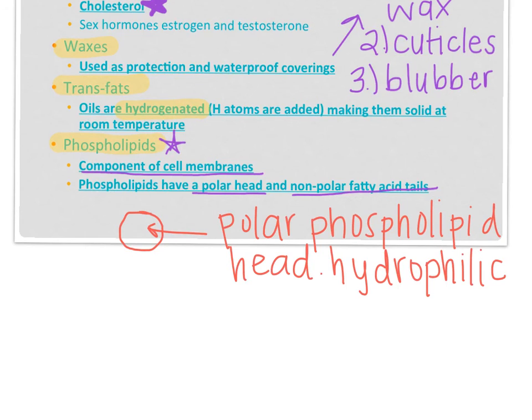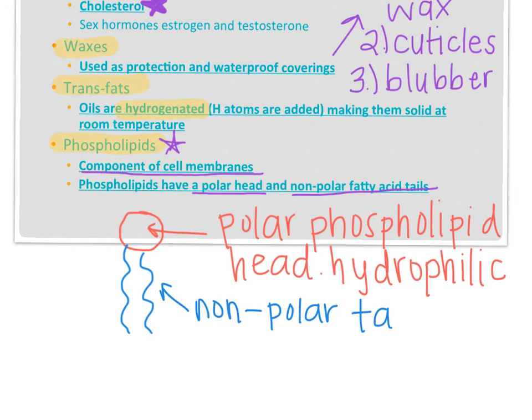The second part of our phospholipid is called the non-polar fatty acid tails. So we are going to want to label these guys as well. So let's draw ourselves an arrow. Non-polar phospholipid tails.